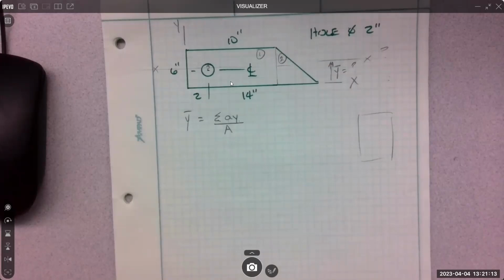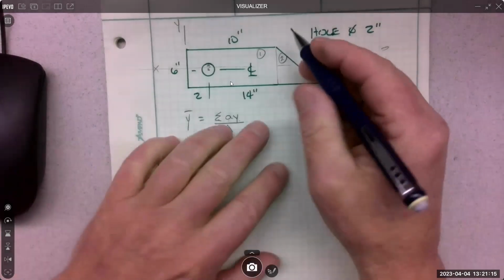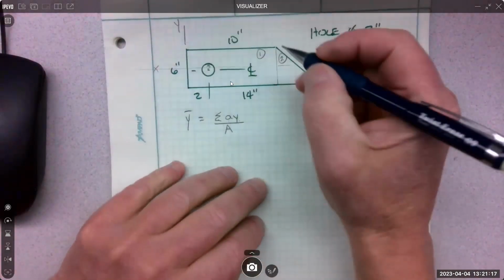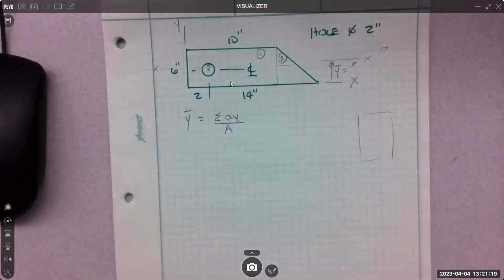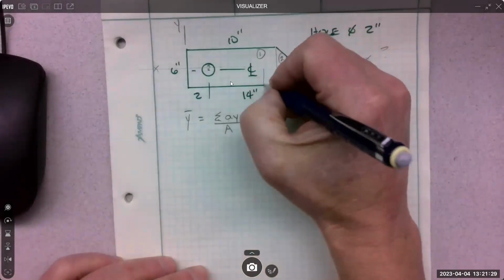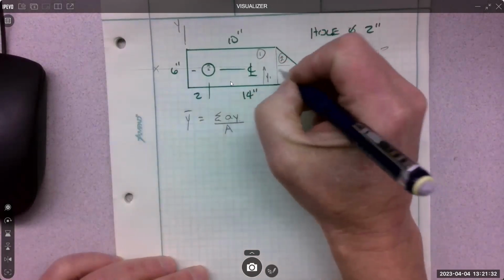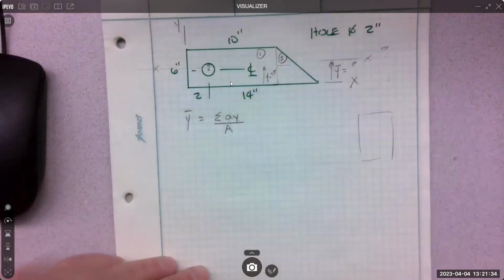That makes sense? So area 1, that's the rectangle, and you ignore all the other shapes, ignoring the hole, ignoring the triangle, just looking at the rectangle. What's the Y distance up to the x-axis of the rectangle? Yep. So Y1 equals 3.